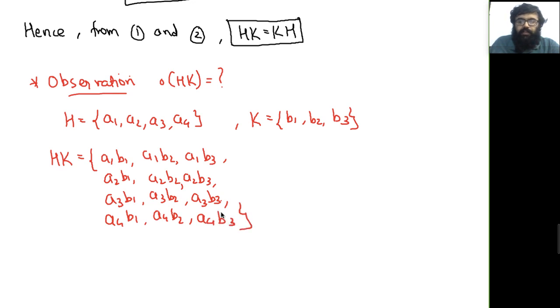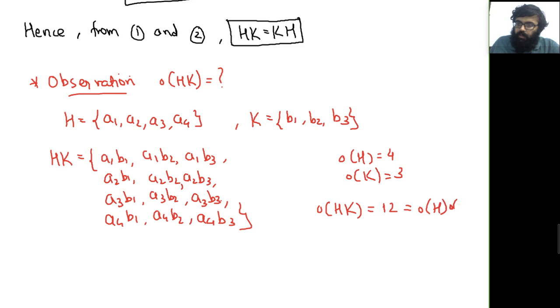So if order of H is four and order of K is three, naturally one would like to think there are 12 elements, which is order of H times order of K. But let us now consider more examples whether this is true or not.